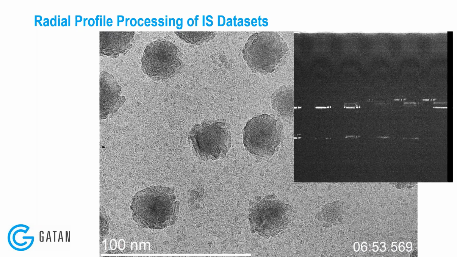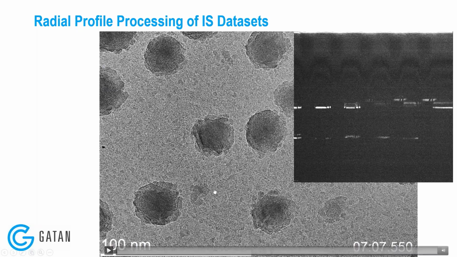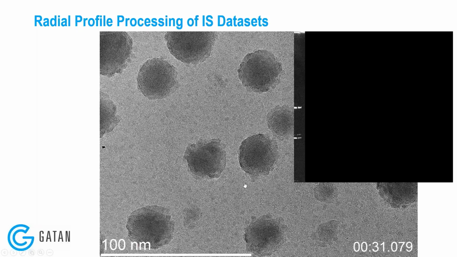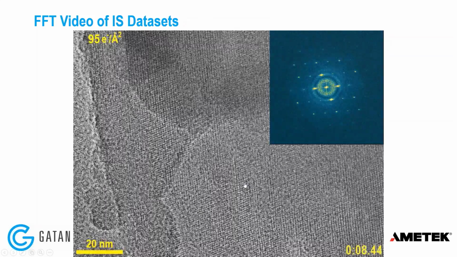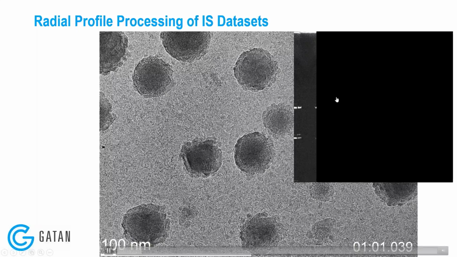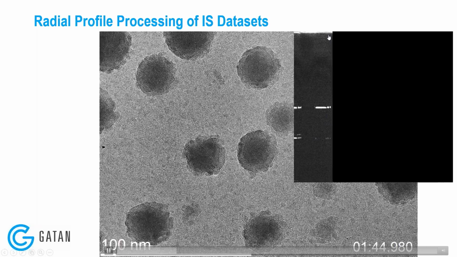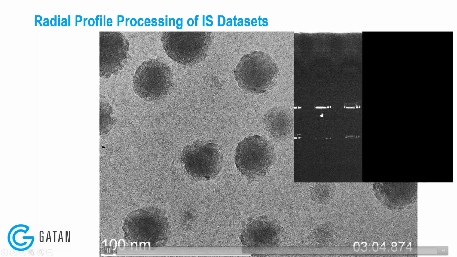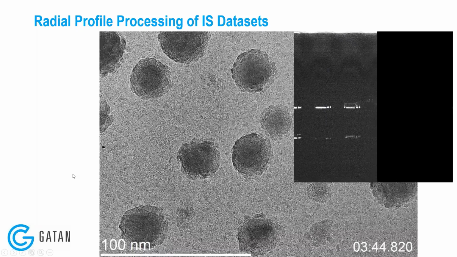where this is processing this in-situ data set, where again I'm melting and crystallizing this tin sample, and we can see profiles of the FFT over time and see when that melts and crystallizes and melts and crystallizes.